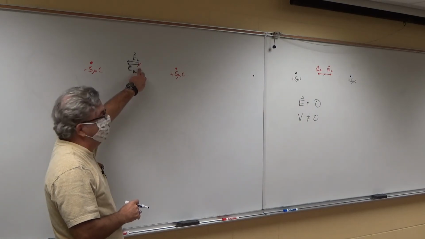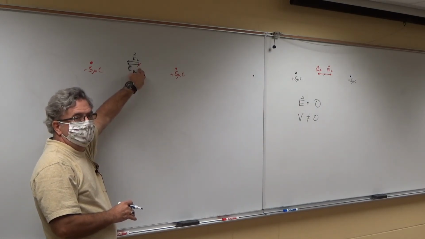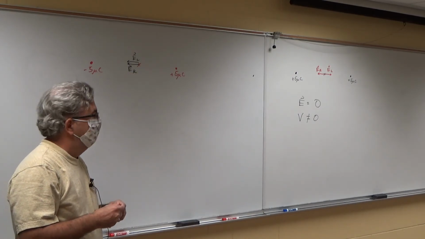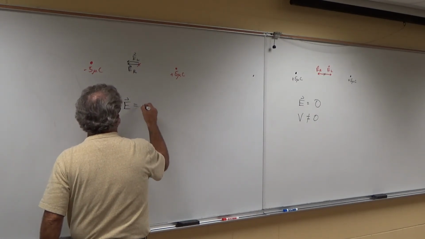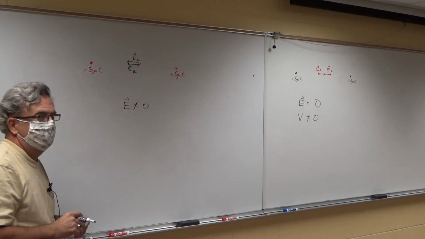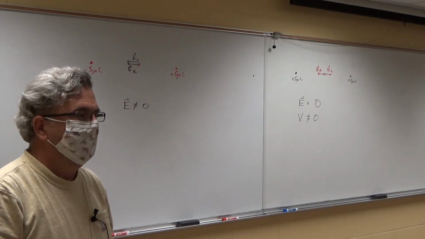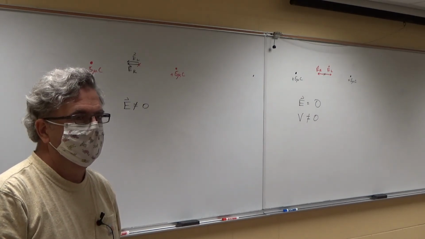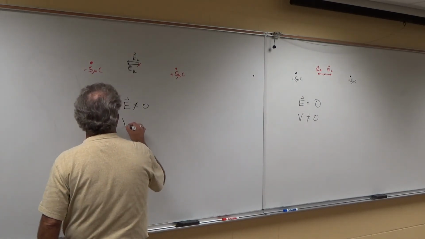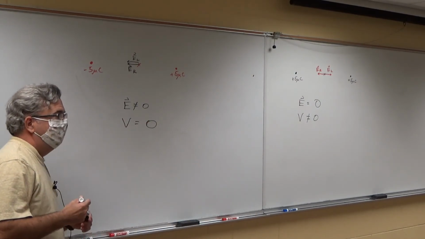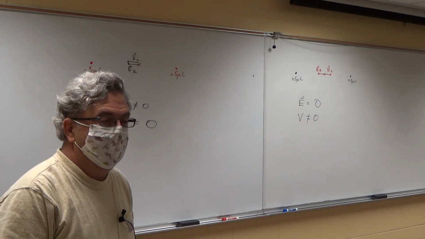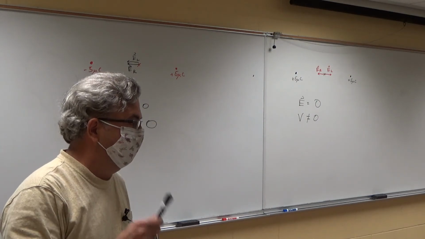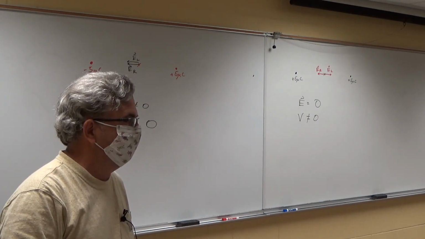There is no charge here. This is a point in space. The electric field at this point is not equal to 0, clearly. What's the potential at that point? V is equal to 0. What I'm getting at is you can have places where you have 0 potential and non-zero electric field.